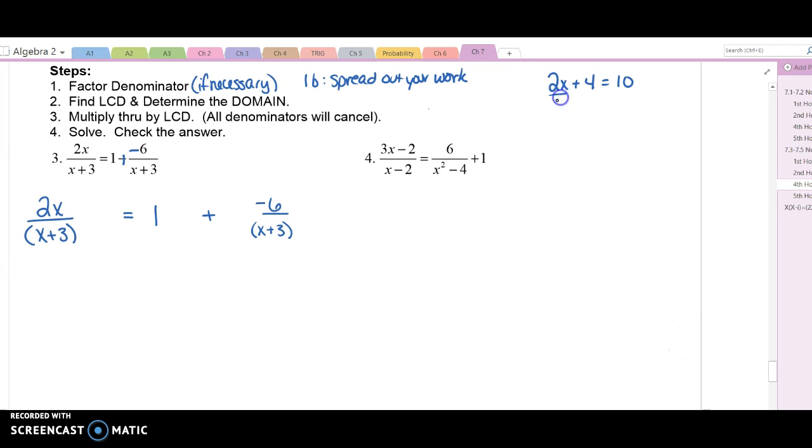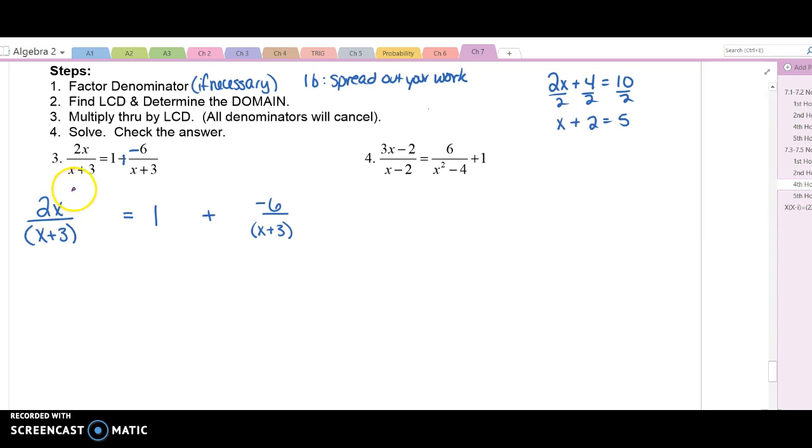If you divide everything by 2, you would get x plus 2 equals 5. That's still valid. You can multiply every single term by the same thing. You can divide every single term by the same thing. So as long as you are multiplying or dividing every single term by the same thing, you're good. That's the strategy that we're going to use.